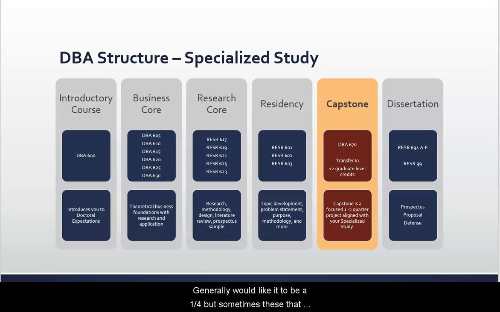Generally, we'd like it to be 1 quarter, but sometimes these projects are larger and they will take 2 quarters to complete. So they will be aligned with your specialized study courses that you would transfer in. And then you go into your dissertation, and that's another topic for another day.